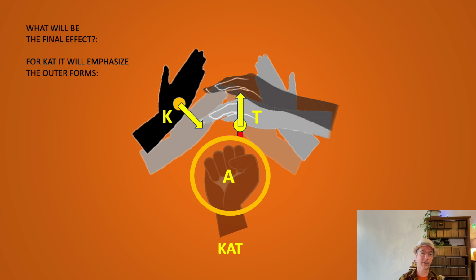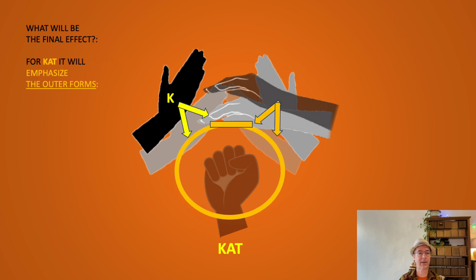With K, by breaking open the firm form immediately and then sensing what is happening, you will actually emphasize the outer effect, the going outwards, and it will break open, and it will actually have already the frame inside of cat.